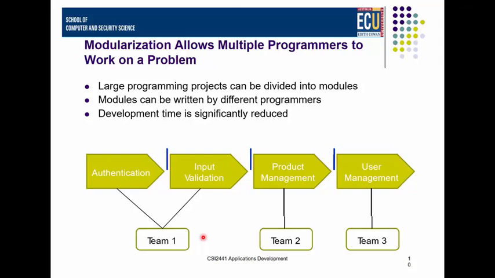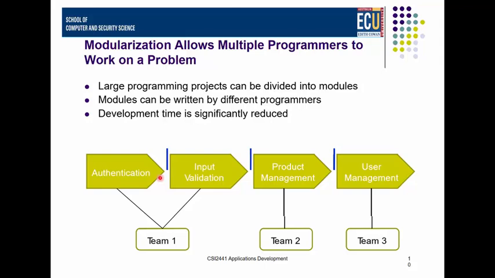But there is one challenge over here. As they are working in parallel, these modules eventually need to be plugged in with each other and give us the overall functionality. So what is the challenge over here? What do you think? When different teams are working together, what important aspects do they need to take into consideration while they are doing their work?